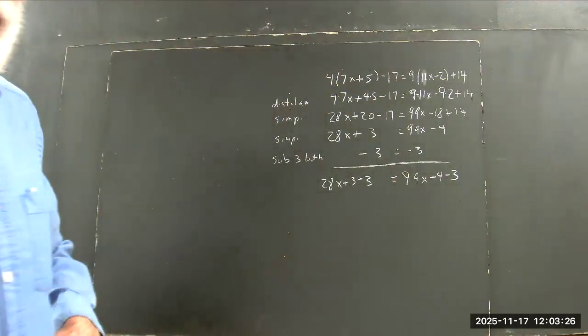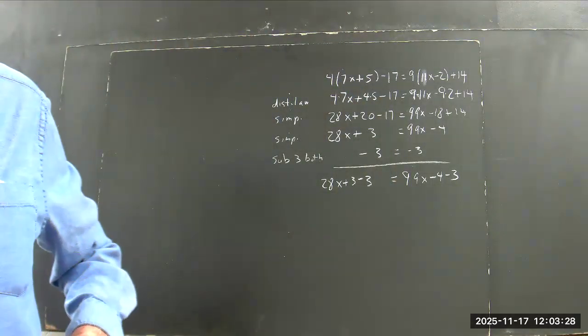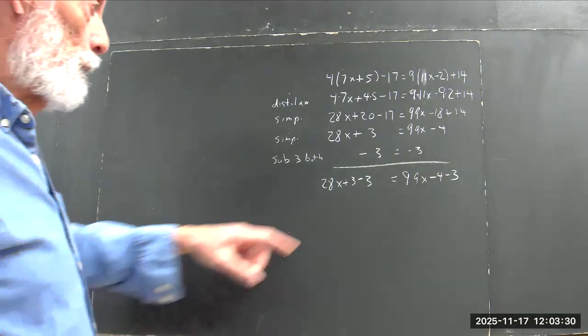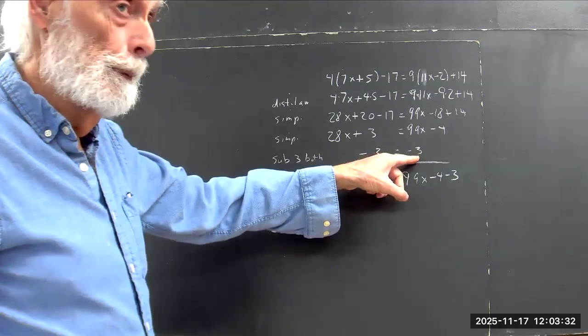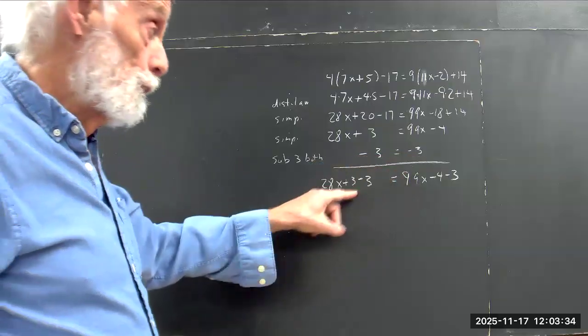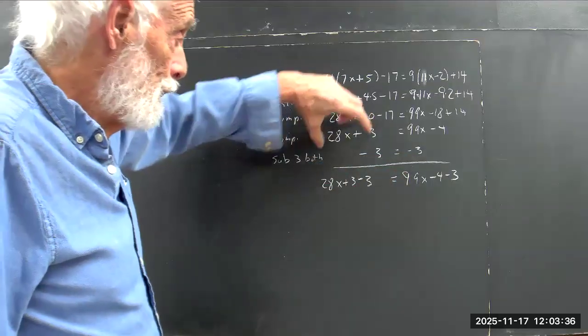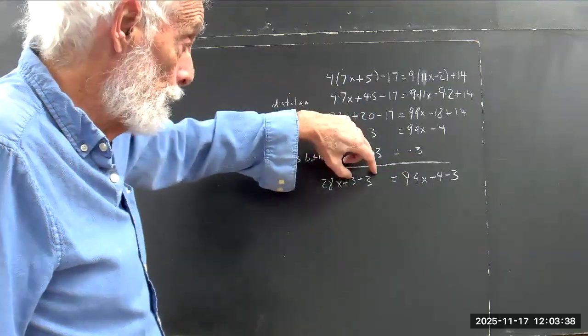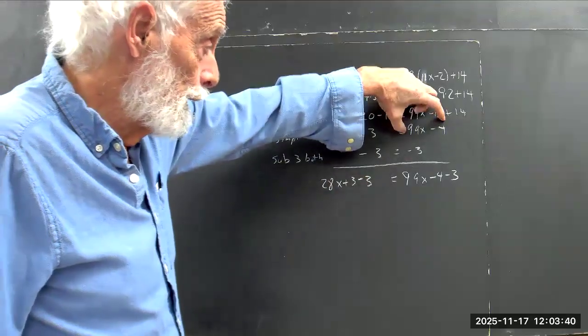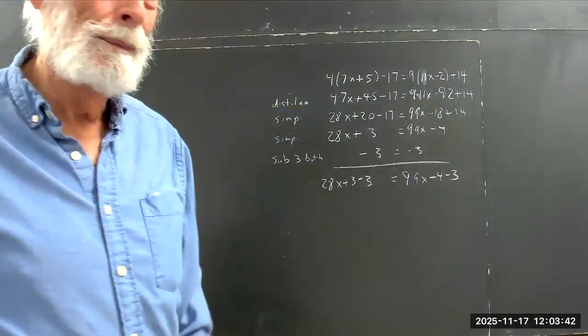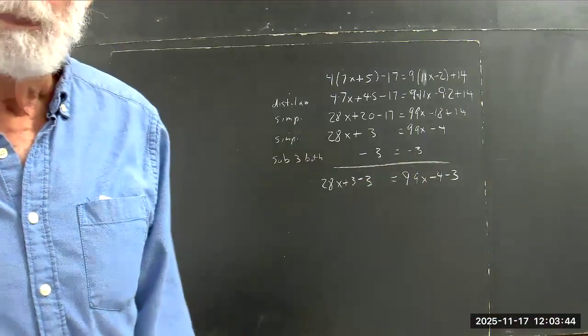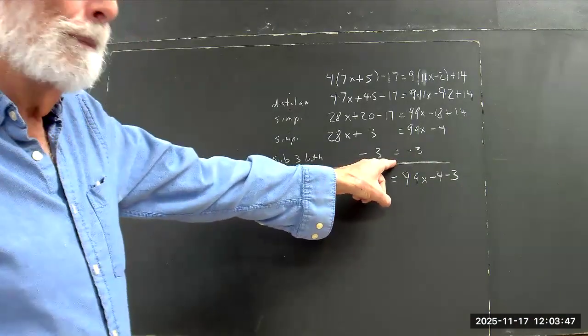As a matter of fact, if you wanted to skip the step where you write negative 3 equals negative 3, and just write this, you could, because you have your 28x plus 3, then minus 3, and your 99x minus 4, and a minus 3. You've appended minus 3 on both sides and didn't really need to write this.